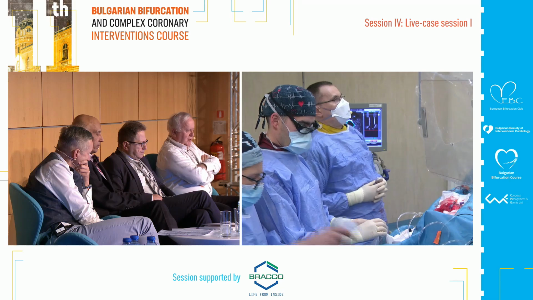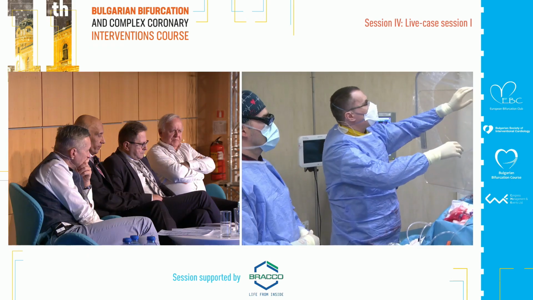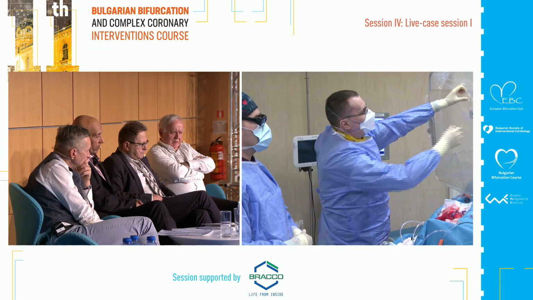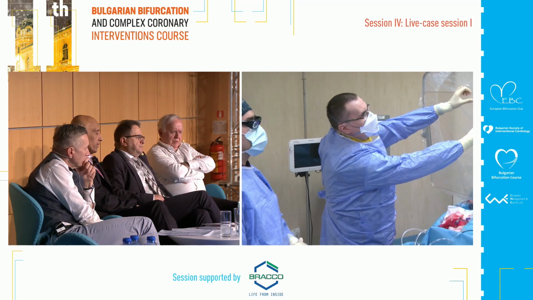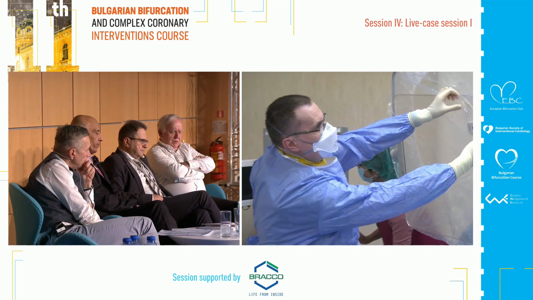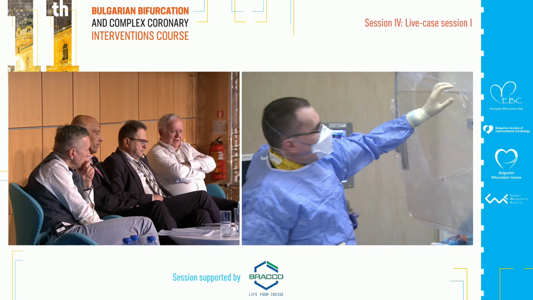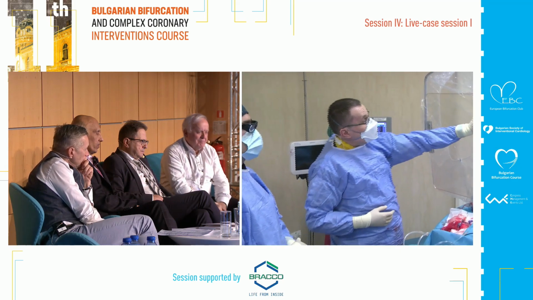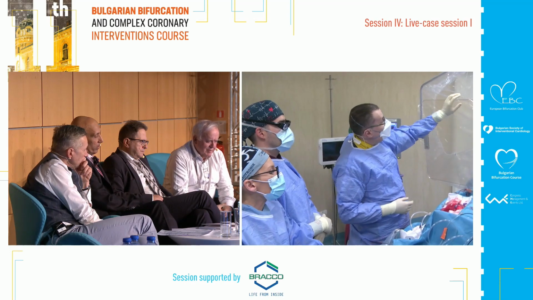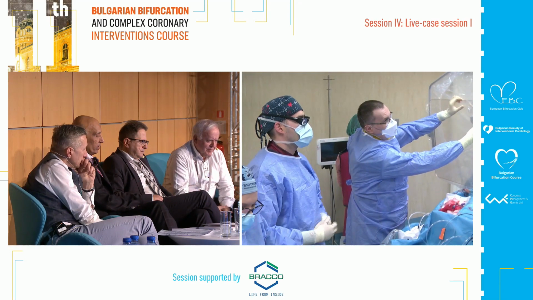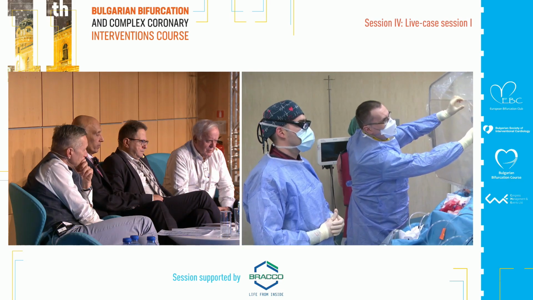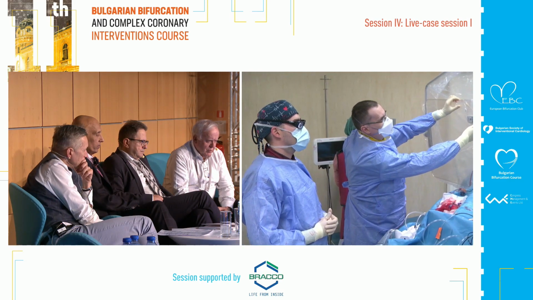Dobrin, we discovered that you are doing rotablator when we were looking outside. So, okay, explain. Show the pictures you did and your strategy. Okay, so this is a patient with a previously stented right coronary artery, which is huge, with a 3.5 stent.